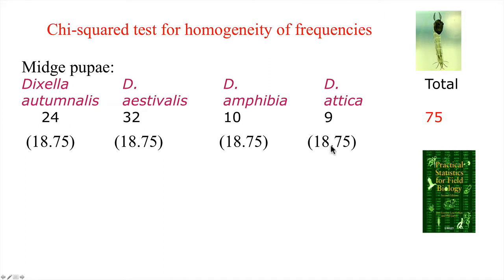So here we have our observations, and here we have the expectations following the hypothesis of homogeneity of frequencies. It doesn't matter at all that the expectation is fractional. This just arises out of dividing this number 75 by 4.